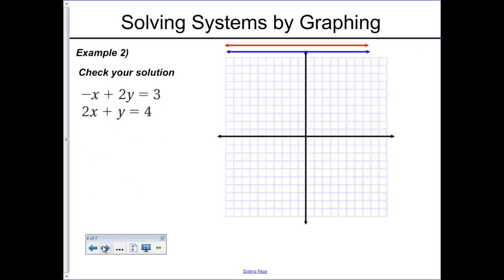Now we have to graph these, so what I'm going to do is find the x-intercept of this first one, the x-intercept and the slope. The x-intercept is going to be negative 3, and the slope is going to be positive 1 over 2.